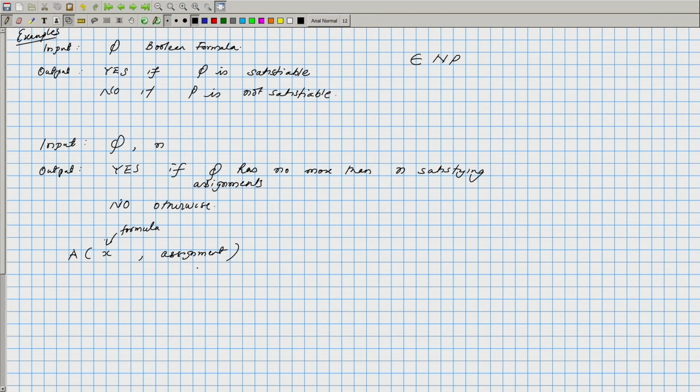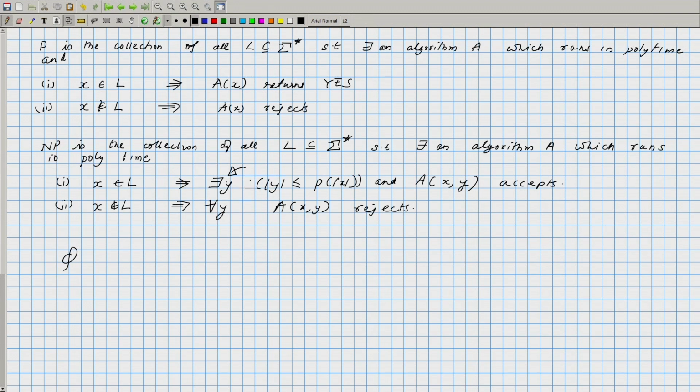That evaluation can be done in polynomial time, and note that for any satisfiable formula there will exist an assignment whose length is at most the number of variables in the formula, which is bounded by a polynomial in the length of the input, and A x y is going to accept because that was a satisfying assignment. Whereas, for an unsatisfiable formula, whatever assignment you give, the algorithm is going to find that the assignment does not satisfy the formula, and therefore A x y rejects.